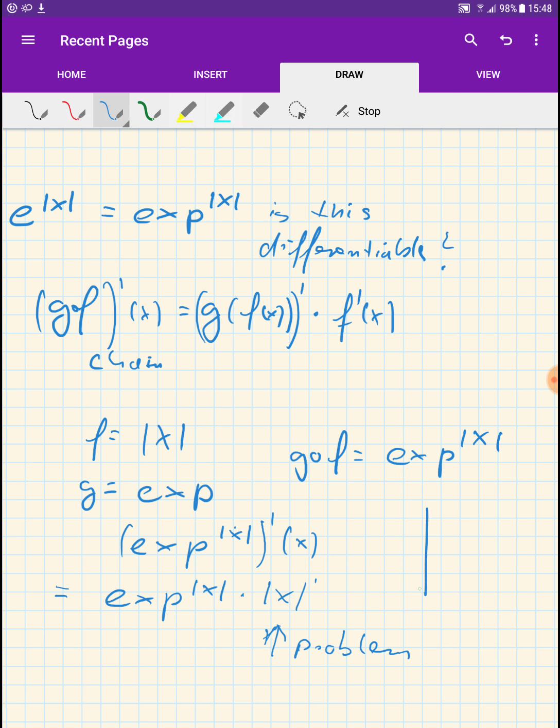So maybe a quick drawing. The absolute value function looks like this. And at this point here, at 0, there is the problem. There is no derivative because you have this kink here, so here we have no derivative.